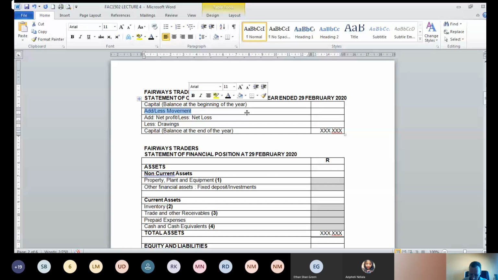So, if your capital balance at the beginning of the year was 100,000 Rand, and the owner during the course of the year has contributed another 100,000 Rand, then that will fall under the movements. So the statement will start with capital, then any increases or decreases to the capital during the course of the year.